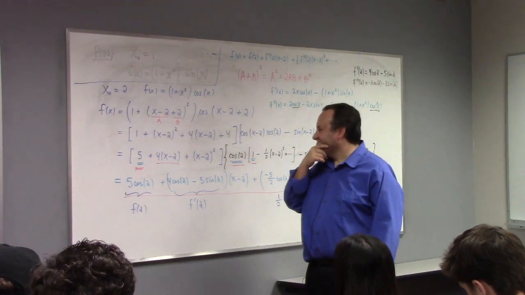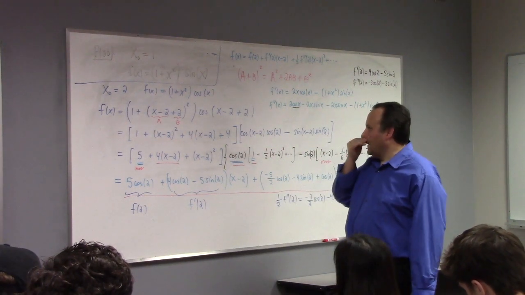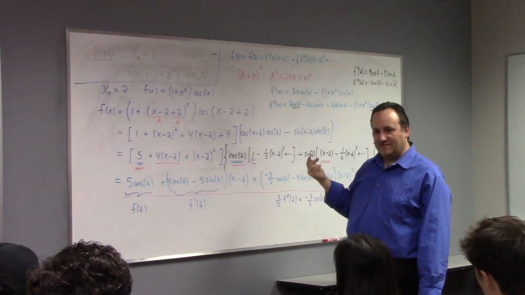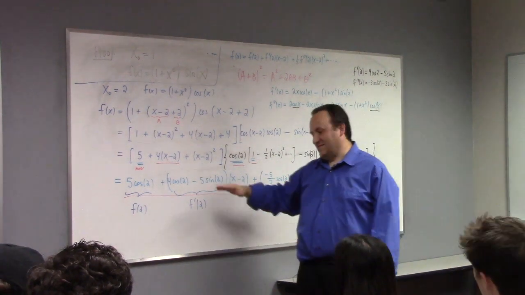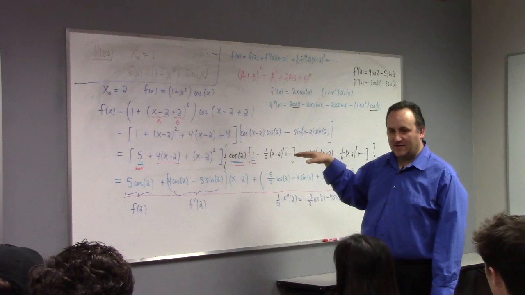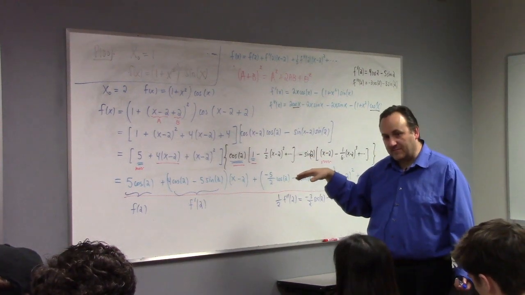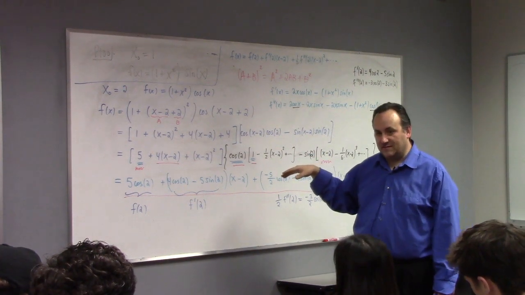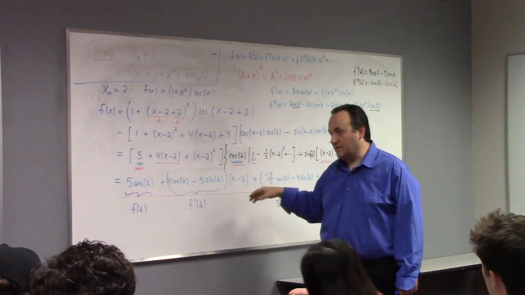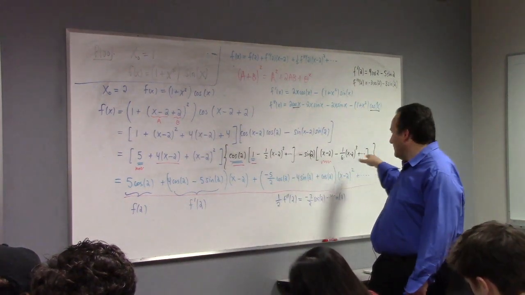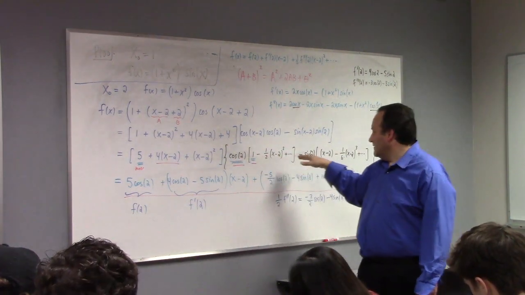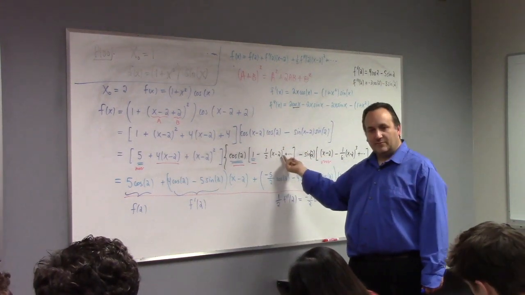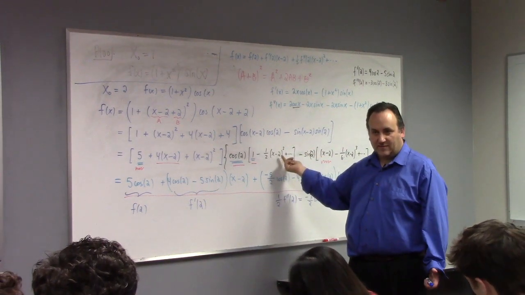It could have gone badly if I had found out that the first order and the second order somehow conspire to be 0. Maybe I wouldn't have written enough, because then I would have needed third order and fourth order. Have I written enough here to take care of everything fourth order? Not quite, right? Because I need to write the fourth order term down here to make sure I didn't miss something.